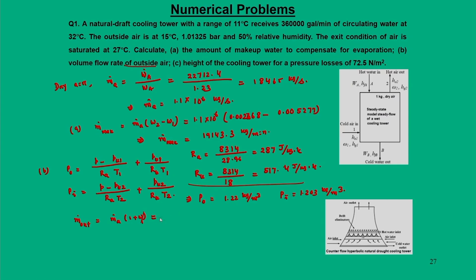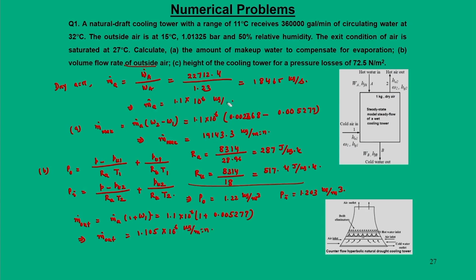Omega 1 data is already there. 1.1 into 10 to the power 6 into 1 plus 0.005277. M dot out is 1.105 into 10 to the power 6 kg per minute.